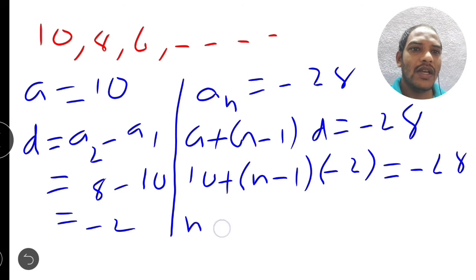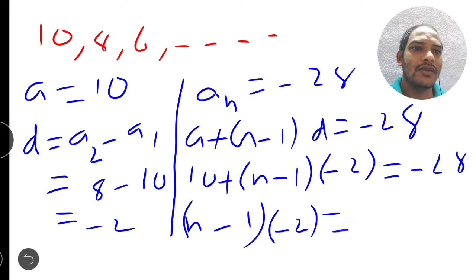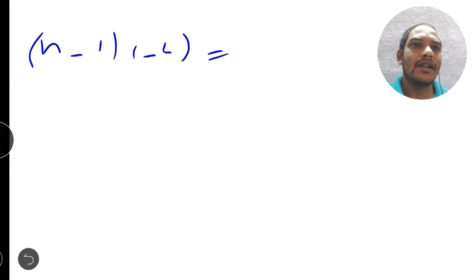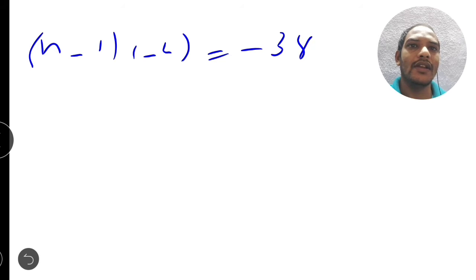So now N minus 1 into minus 2 equals minus 28 minus 10, which is minus 38.